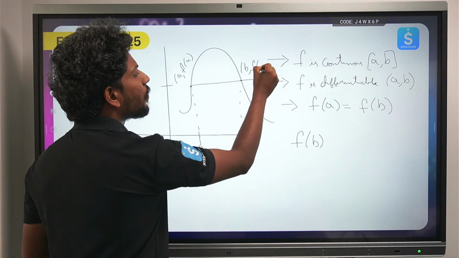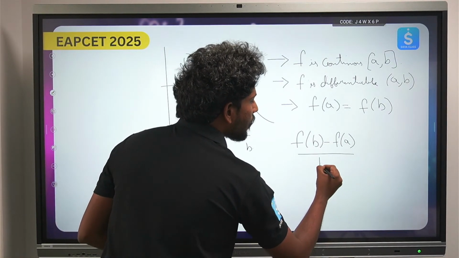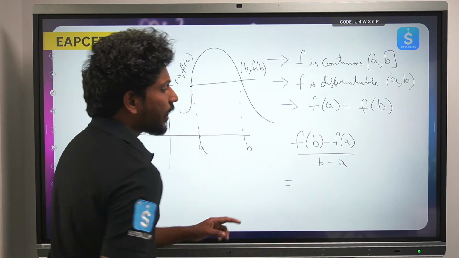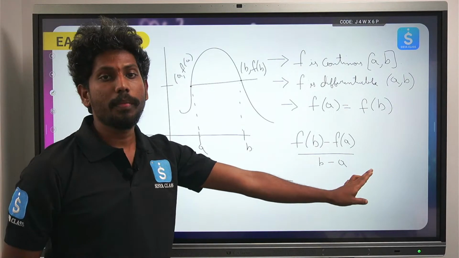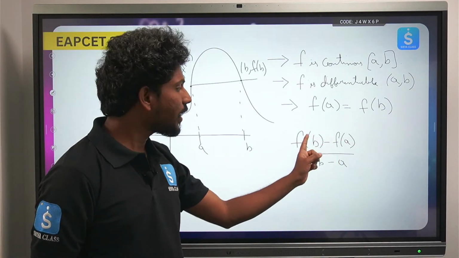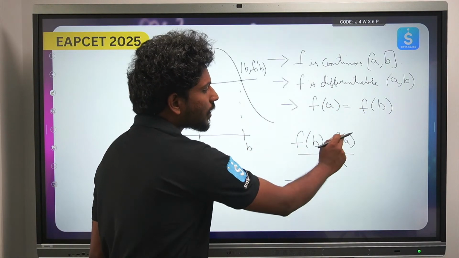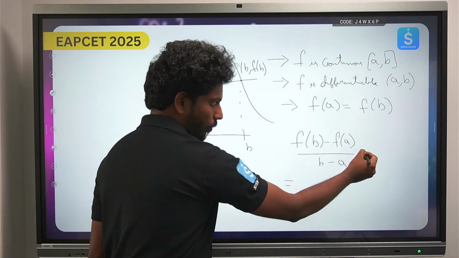So we have these 2 points, right? So f of b minus f of a by b minus a. Here b and a are 2 different points, but the functional values of these 2 points are same, right? So as f of a equals f of b, can you see that these 2 values are same? So this will become 0.